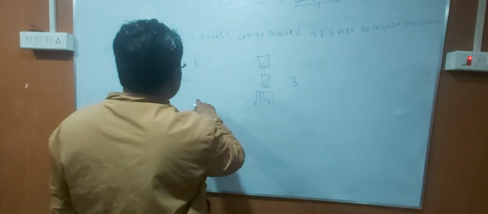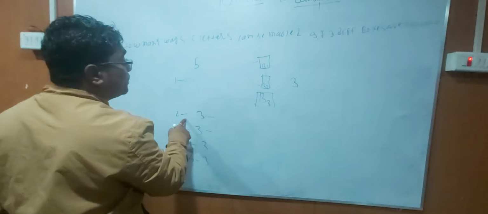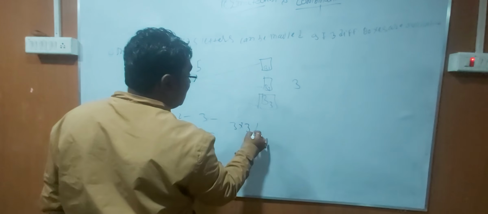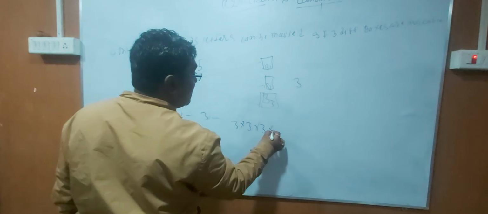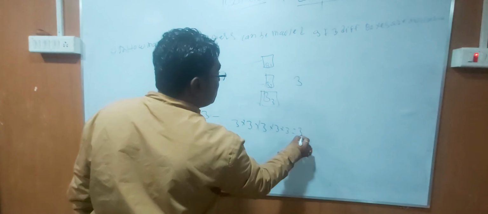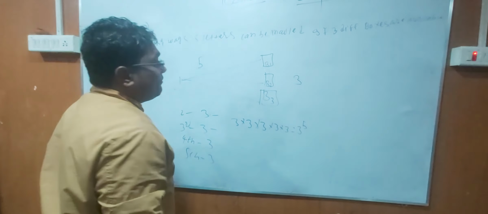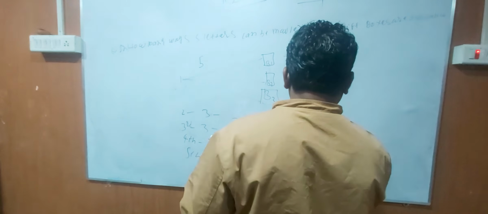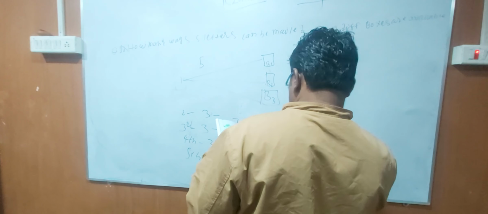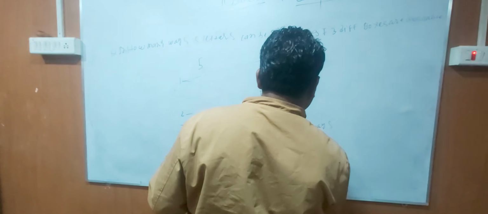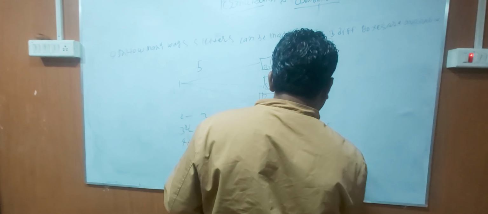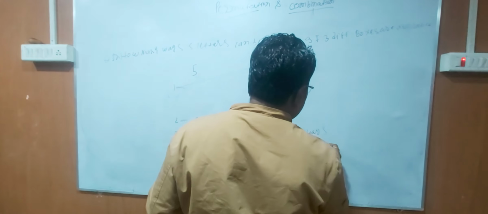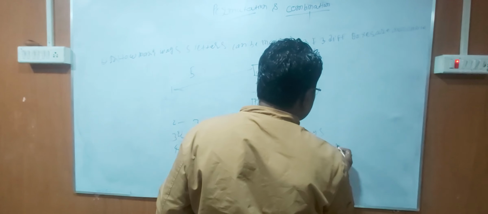The first is done in 3 ways and the second in 3 ways, so 3 into 3 into 3 into 3 into 3. That is 3 raised to power 5 ways, or box to the power letters. Just understand, box to the power letters.